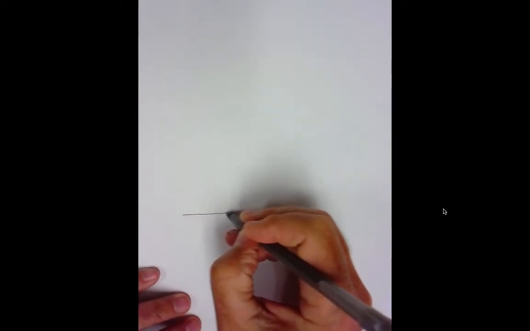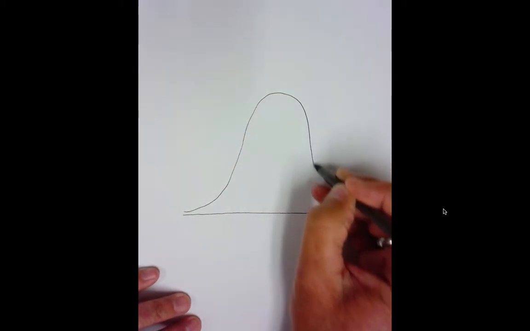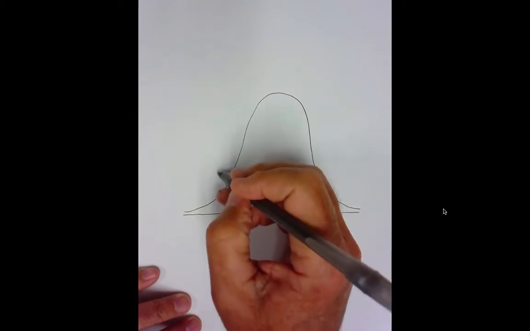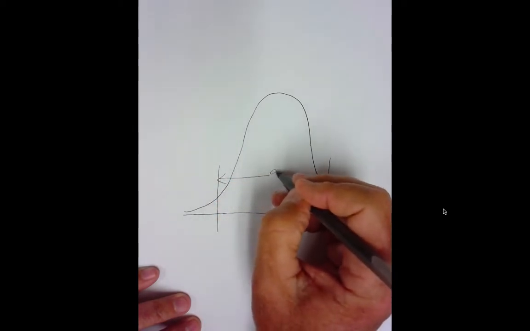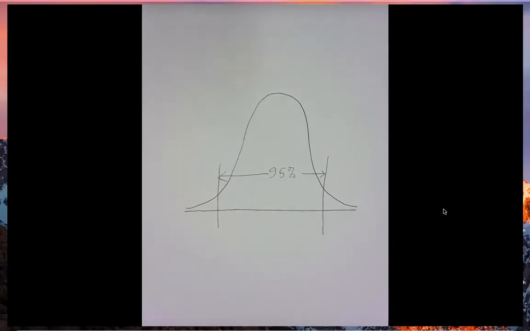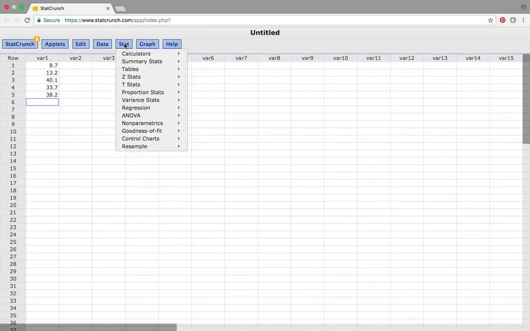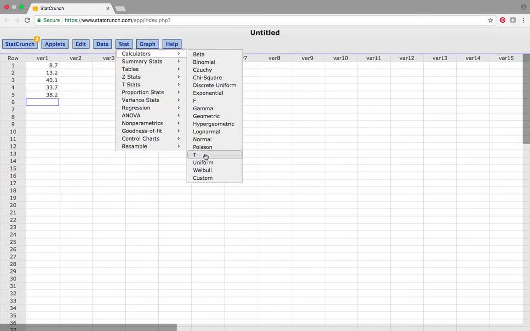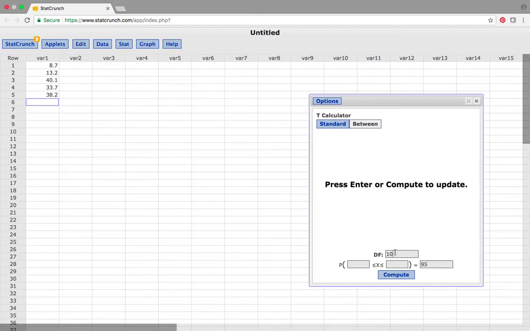In our distribution of sample means, now, first of all, if we're doing the confidence interval and we're looking at the value that separates the middle 95%, we can go to StatCrunch and go to calculator and find the two values that encompass the middle 95% for degrees of freedom 4.